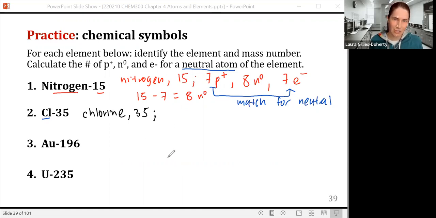So by definition, check how many protons chlorine must have. Look for the atomic number on the periodic table. Chlorine has 17 protons. So if the mass number is 35 and we have 17 protons, to find the number of neutrons, it's 35 minus 17.